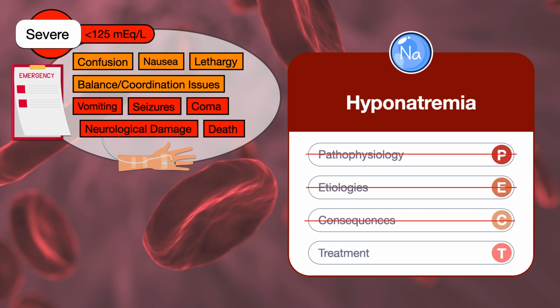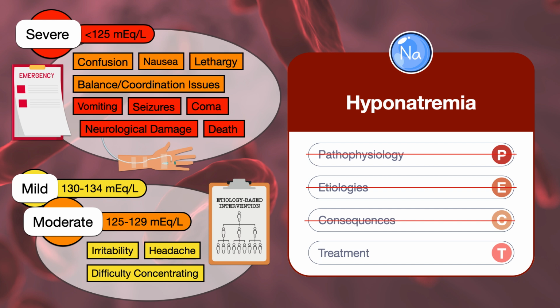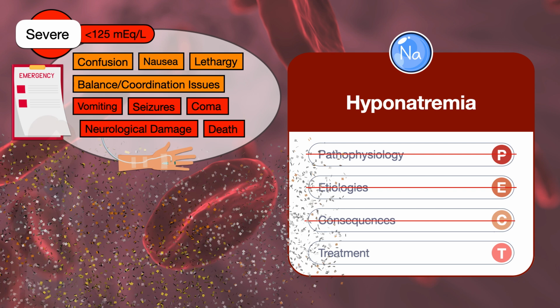A severe case with moderate to severe symptoms is a medical emergency, requiring hypertonic intravenous fluid to rapidly increase the sodium concentration. Meanwhile, a mild to moderate case with no symptoms or mild symptoms is a far less pressing matter and calls for an etiology-based intervention where the cause dictates the treatment strategy.